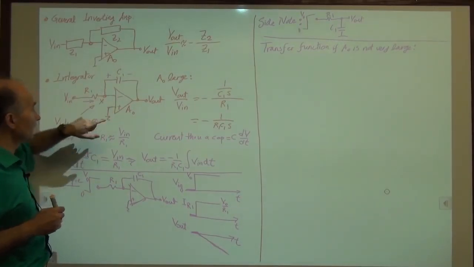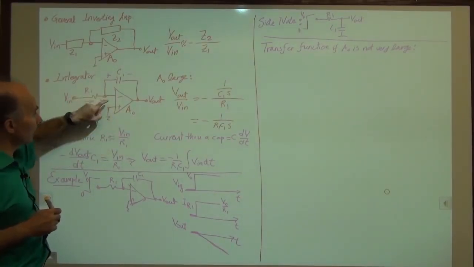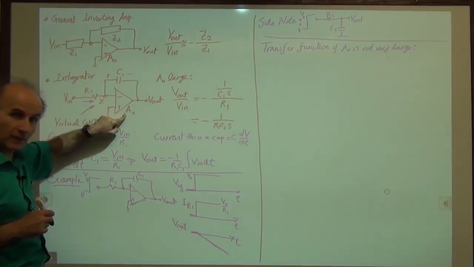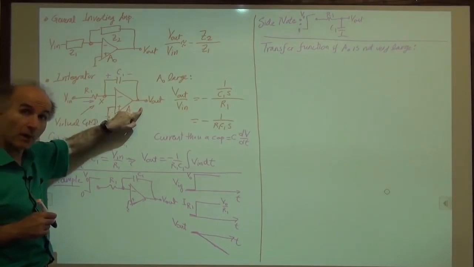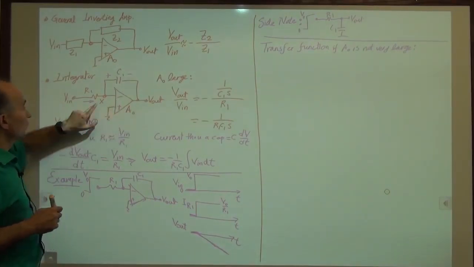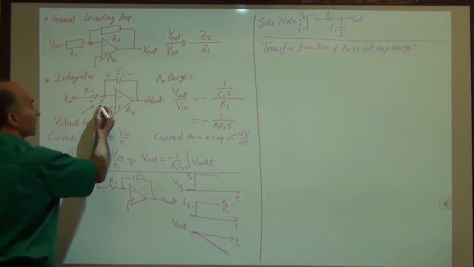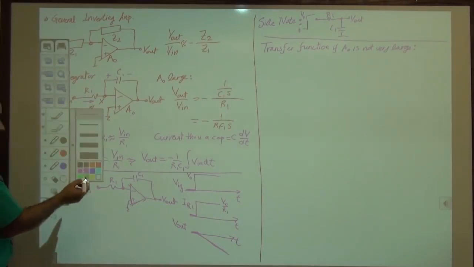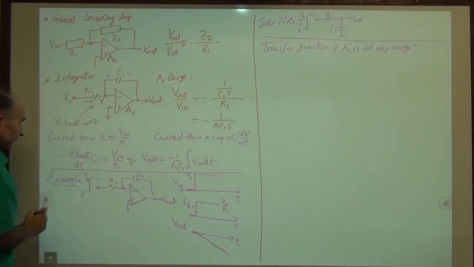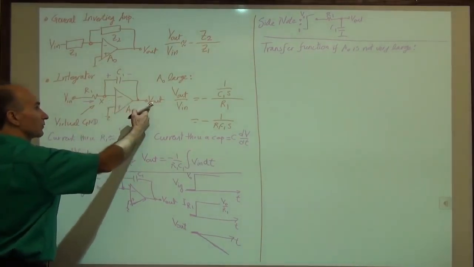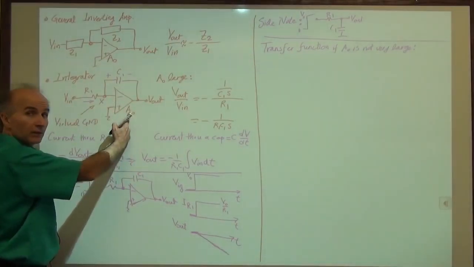All right, so let's start with the latter. What we know is that this voltage minus this voltage times A0 is equal to minus V out, right? Because it's in the inverting input. So if that's the case, I can say that Vx in reality, so let's change the color of my pen to distinguish. If I have V out and I want to find Vx, I just need to divide V out by minus A0.